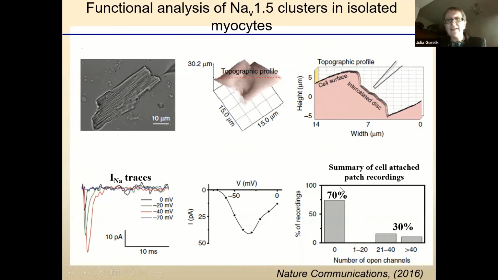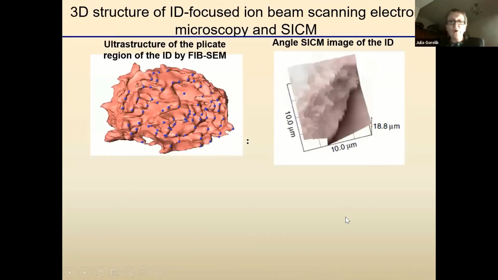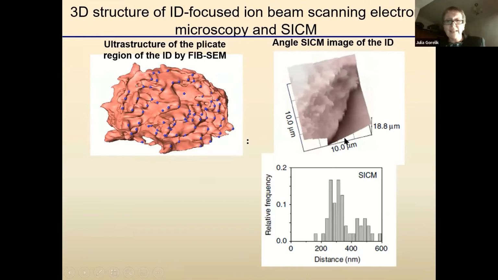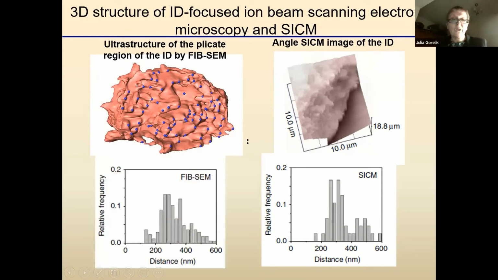And in other 70% of all patches, we don't have any channels in the patch. So we also show we can do very high resolution angle images of the intercalated disc and try to check them with other high resolution techniques, and we really have the same clustering.